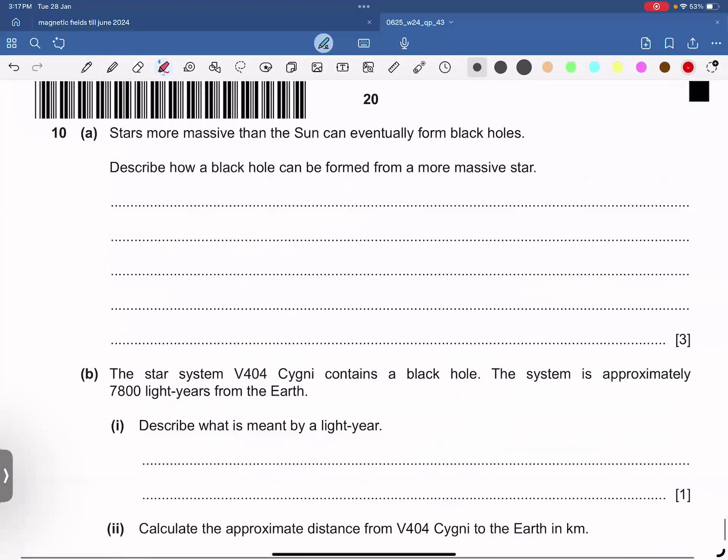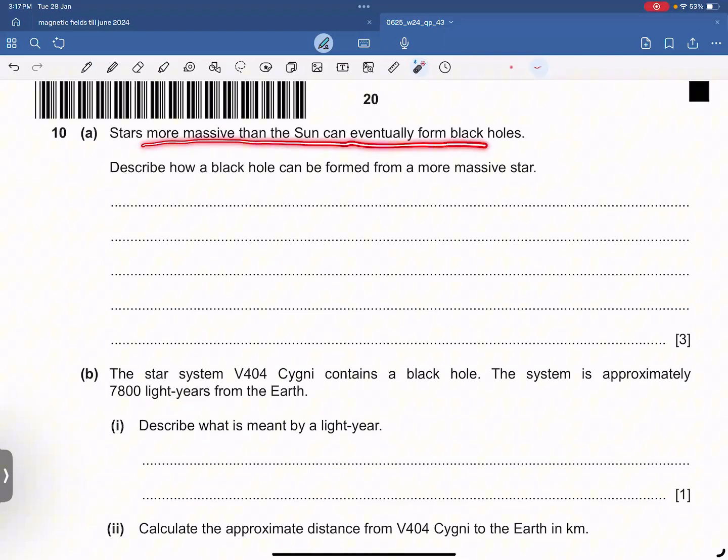Question number 10. Stars more massive than the sun eventually form a black hole. Like red supergiant, supernova explodes. So how can a black hole be formed? I just told you.